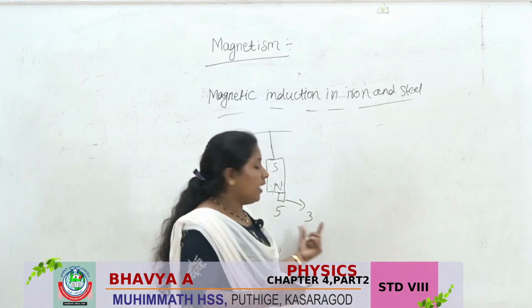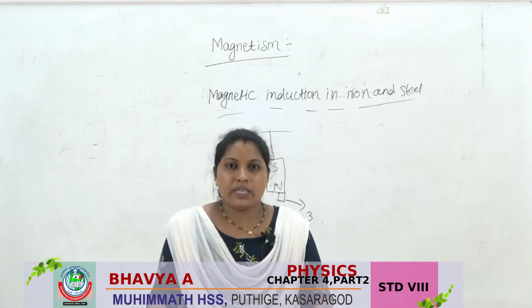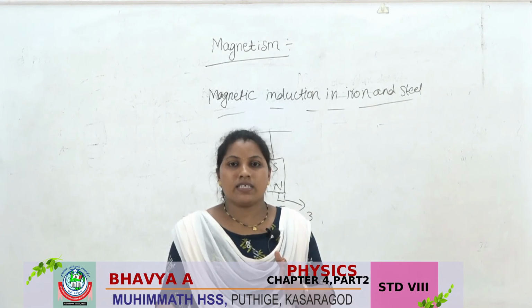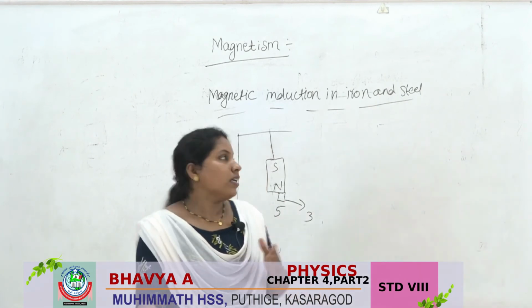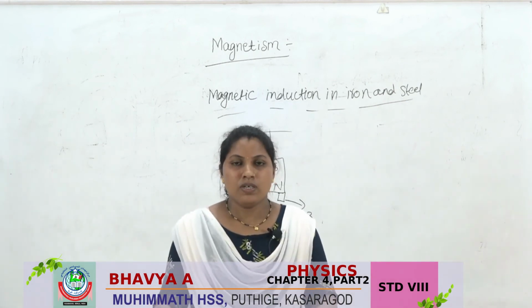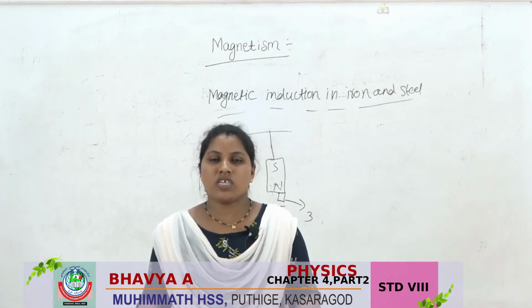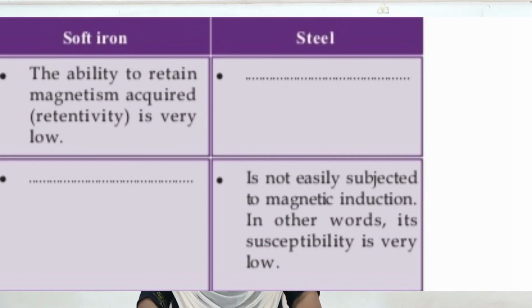Retentivity: which one has more? Steel has more retentivity, it retains magnetism, and iron has less retentivity. We should see the difference between iron and steel. In soft iron, the ability to retain acquired magnetism is very low.